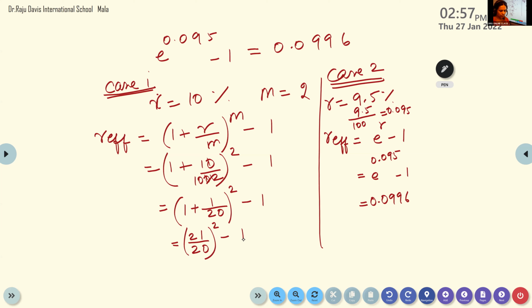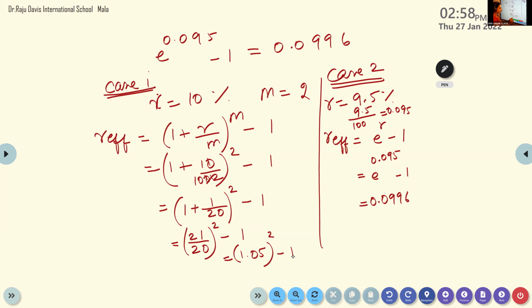What is 21 by 20? It is 1.05, the whole square, minus 1.